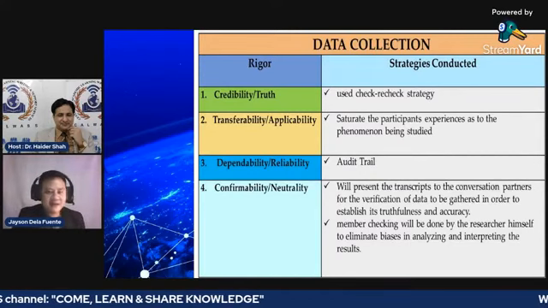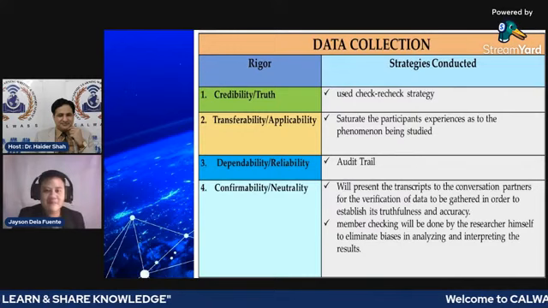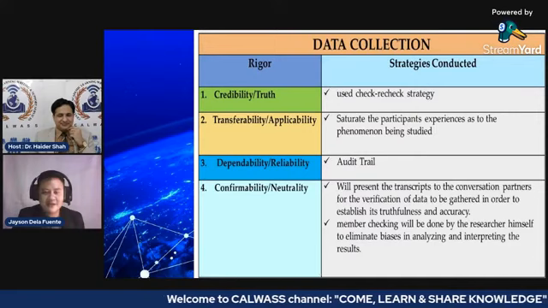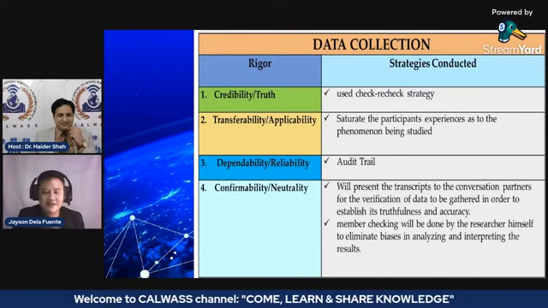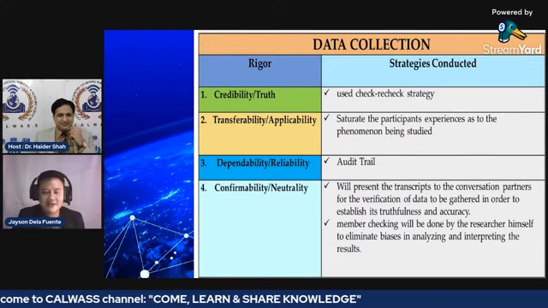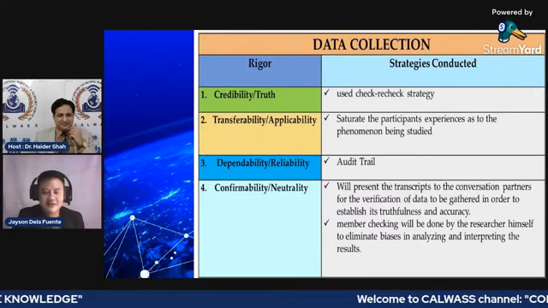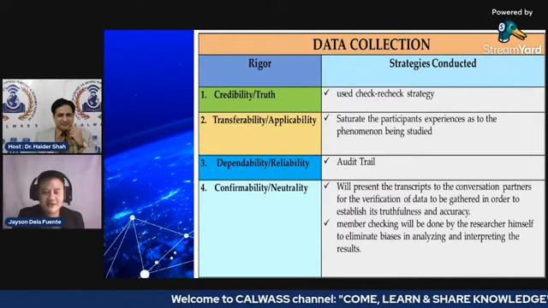Transferability, or applicability, means saturating the participants' experiences as to the phenomenon being studied. In the interview, there might be participants who share a lot of things that are not related to what you are trying to explore.